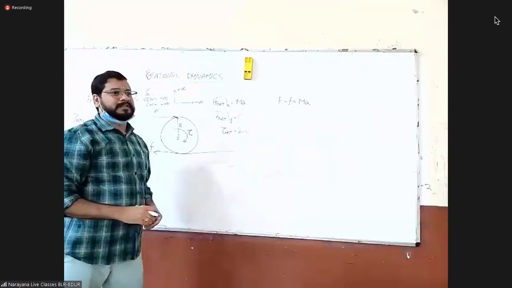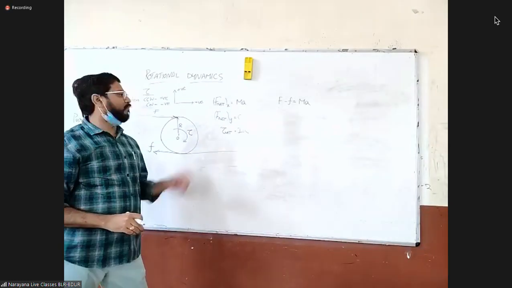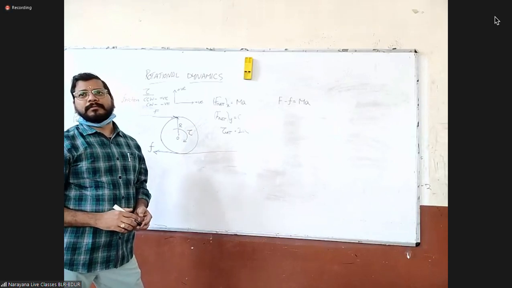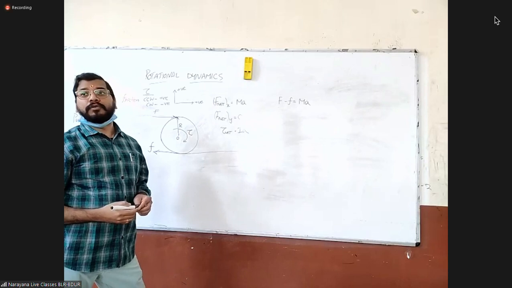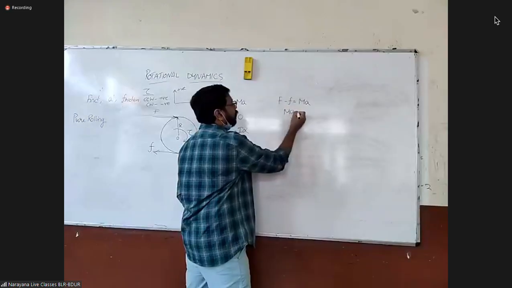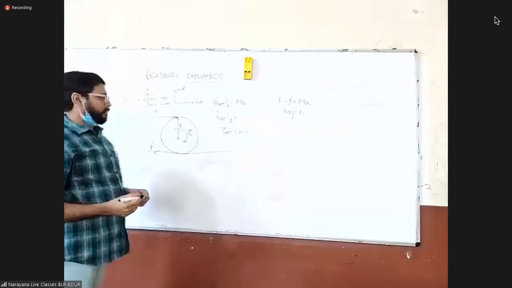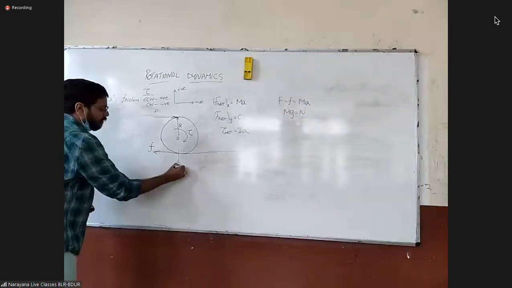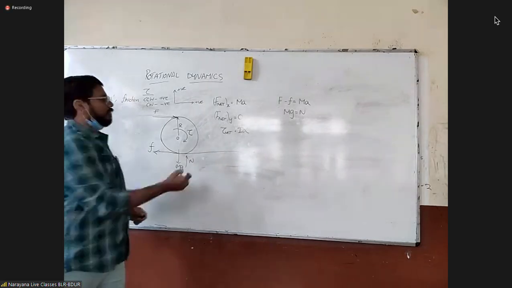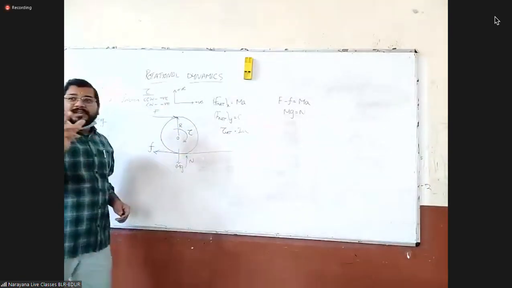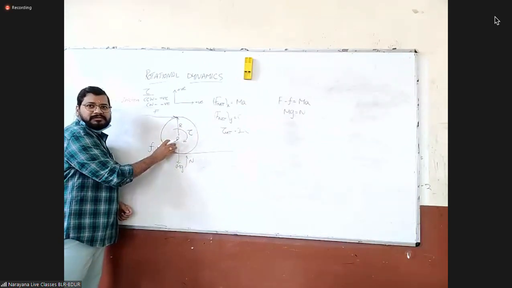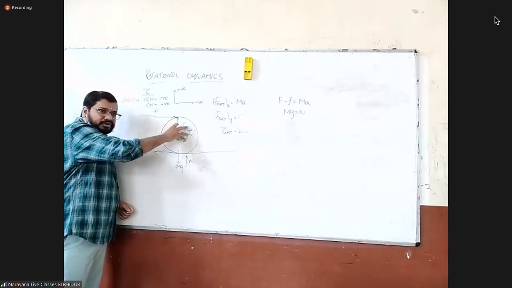F net y: what are the forces in the y direction? Normal force. N will be equal to mg, with mg acting downwards and normal force acting upwards. Torque is being created about your center point.